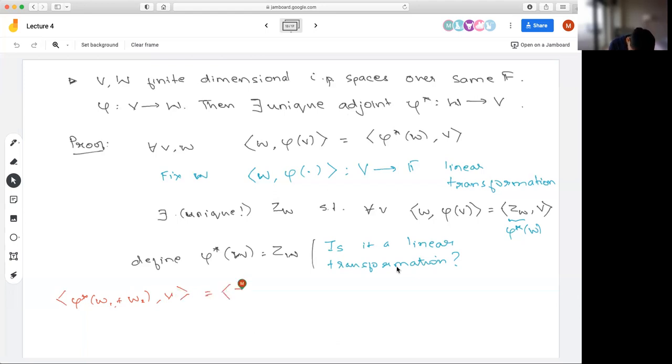This is just whatever is Z for W1 plus W2 with V. But then we can also write this as W1 plus W2 inner product phi of V. Now the properties of the inner product tell us that this can be written as W1 inner product phi of V plus W2 inner product phi of V.